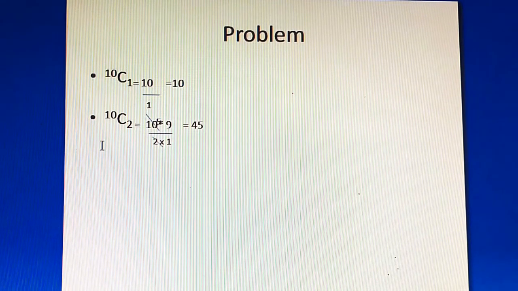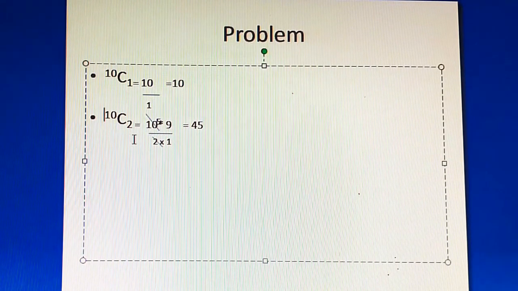Okay students, the next one, the value of 10C2. So here n is 10, r is 2. Now when you apply the formula nPr, if the first term is 10, the second term will be 9, divided by r factorial.